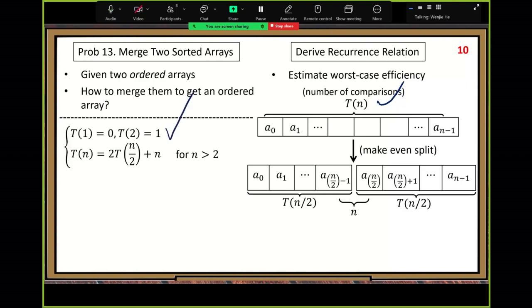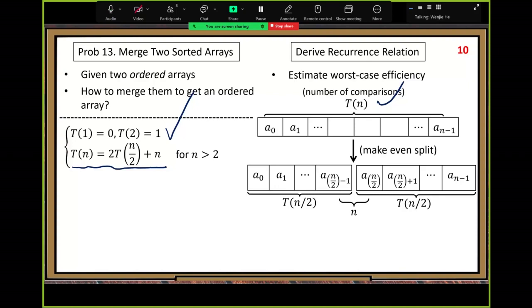After that, we have our recurrence relation: T of n equals 2 times T of n over 2 plus n.